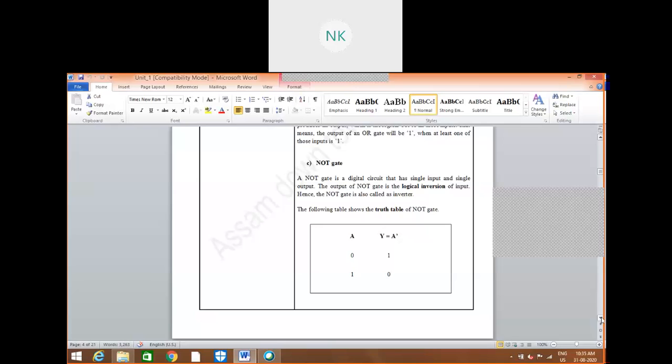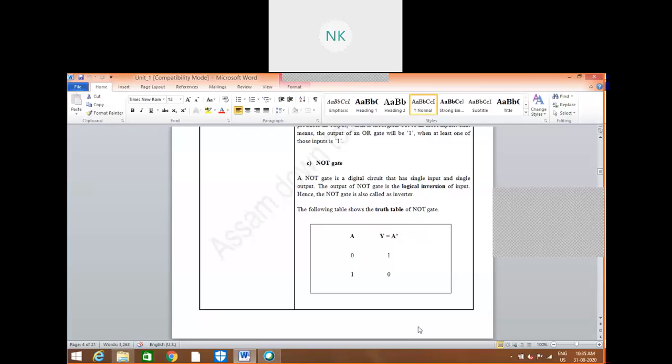Then we will proceed to the NOT gate. Now, what is the NOT gate? NOT gate is the inverter form, or you can say the converter form. When you give a logical input of 0, the answer will be 1, the opposite. When you give an input of 1, the answer will be 0.